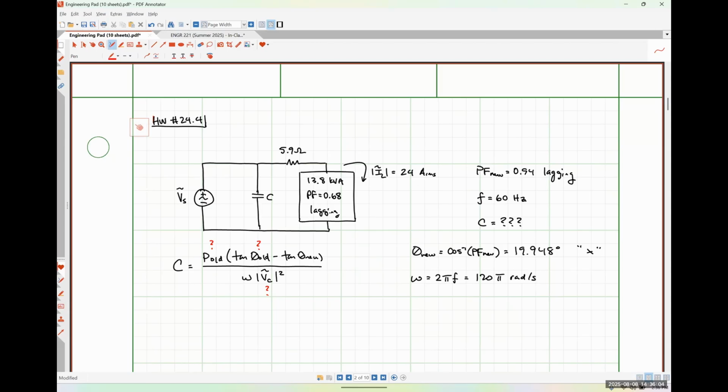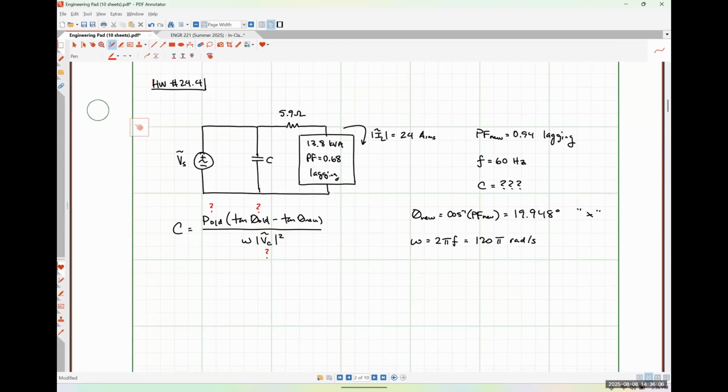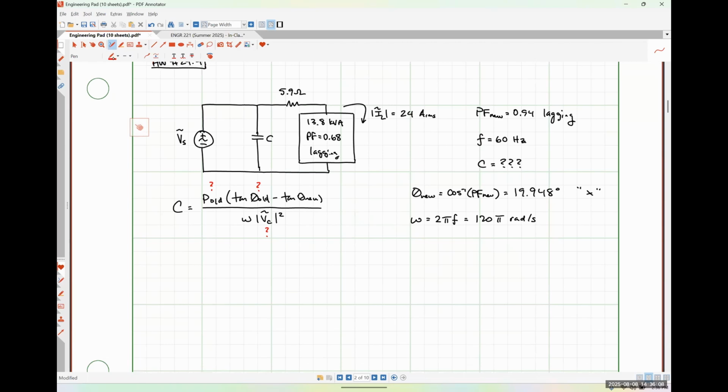Okay. So I am suggesting here that the complex power supplied by our voltage source is going to be the complex power absorbed by our 5.9 ohm resistor plus the complex power absorbed by our load.